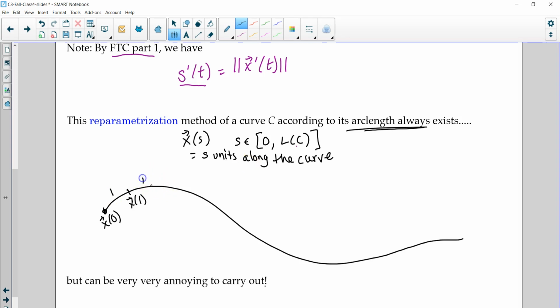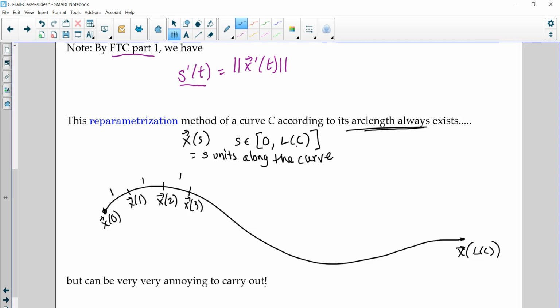And then I go another unit, and I'll get x of 2. Then another unit and get x of 3, etc., until I end up at x of L of C.